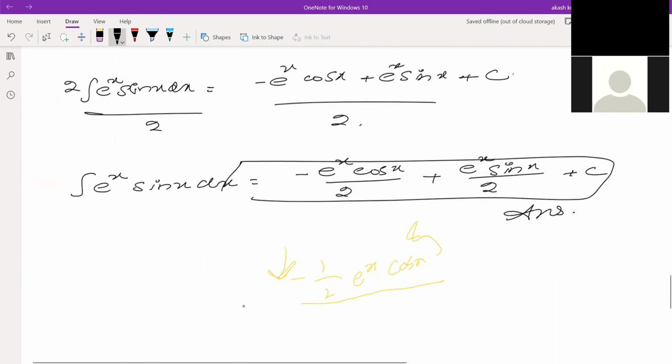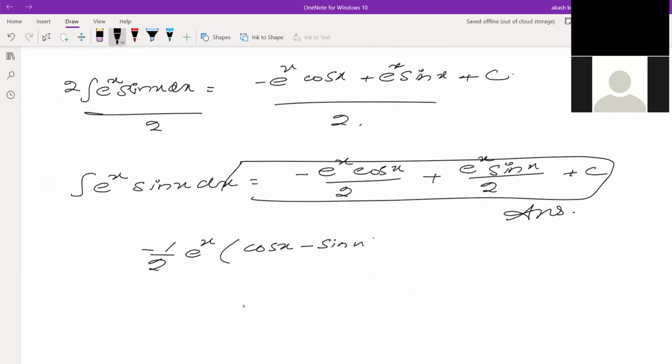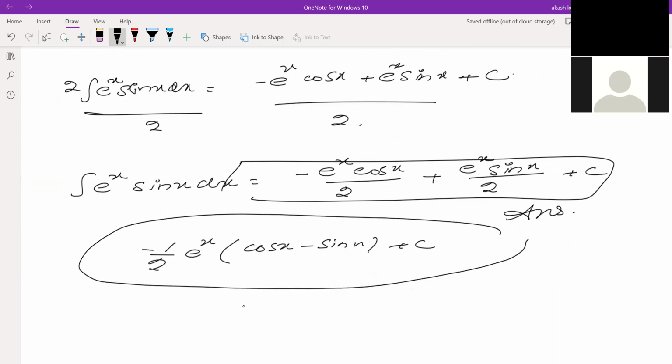Okay. I think I simplified it further, like by taking half e^x common. So it was only left cos x minus sin x inside. I think we simplified it last time. Yeah, why didn't we do this again this time? That's the answer to this part. I mean, the answer till now is acceptable. If you want to further simplify, yeah, we can do. Both the answers are acceptable. Okay. Yeah.